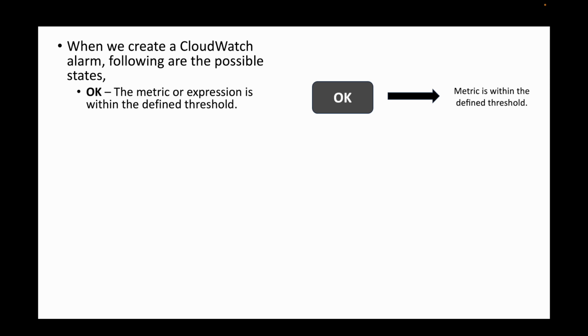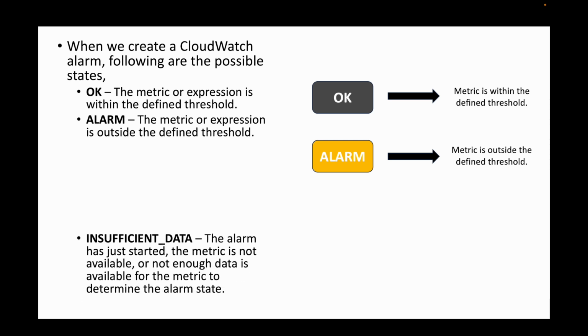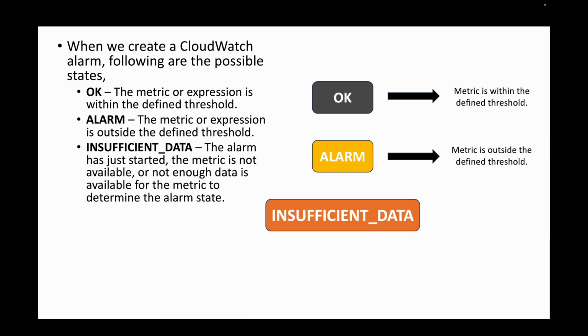The other state we have is your alarm state. Now, this is when the metric goes above the threshold. Like, let's say we have set it at 80%, and the current utilization is 85% or 90%. Then the CloudWatch alarm will transition to the alarm state. And the third state we have is insufficient data.